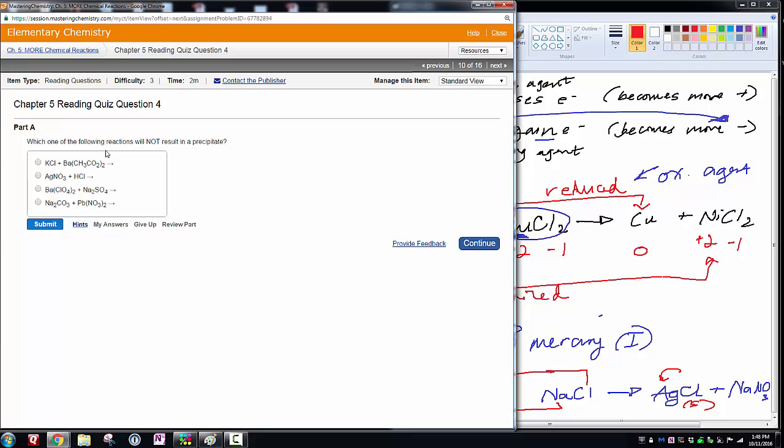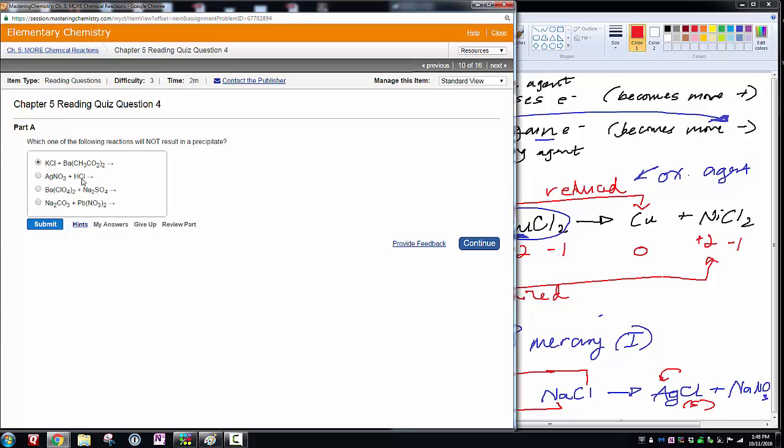All right, and which of these will not form a precipitate? Well, okay. Potassium with acetate. The acetates are always soluble, as is potassium, since that's group 1. Barium with chlorine. The exceptions for chlorine are silver, lead, and mercury, so we wouldn't expect a precipitate with barium. So I'm looking at this one and thinking I'm not going to see a precipitate.